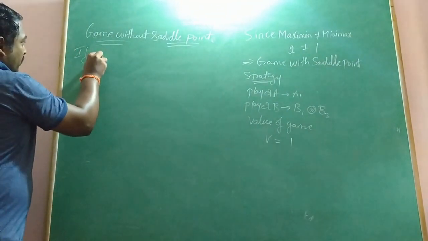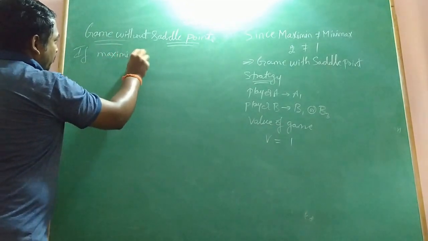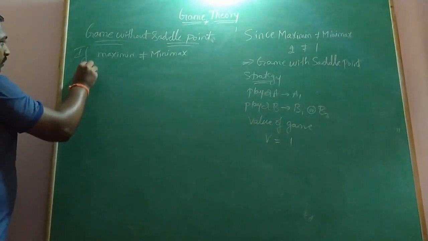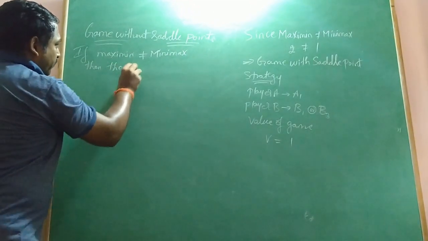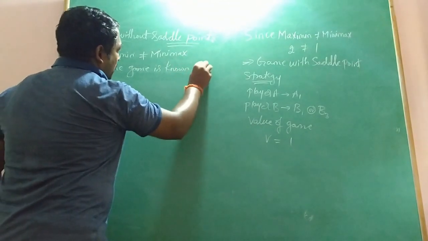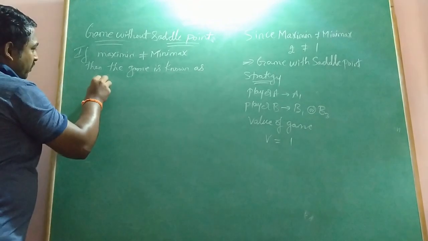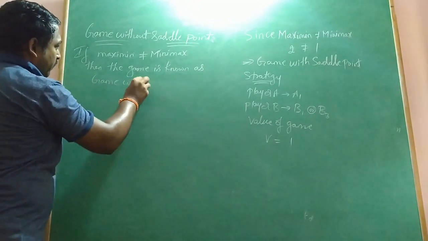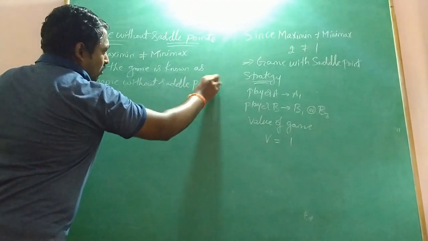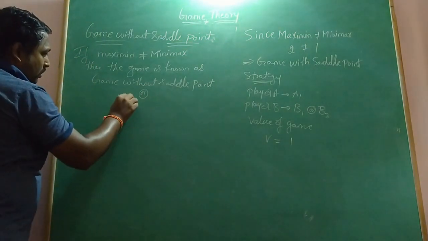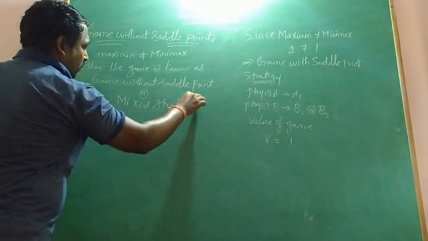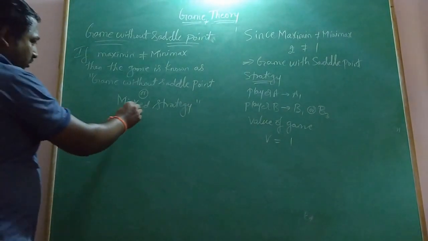Consider if maximin is not equal to minimax, then the game is known as a game without a saddle point, or we call it a mixed strategy.